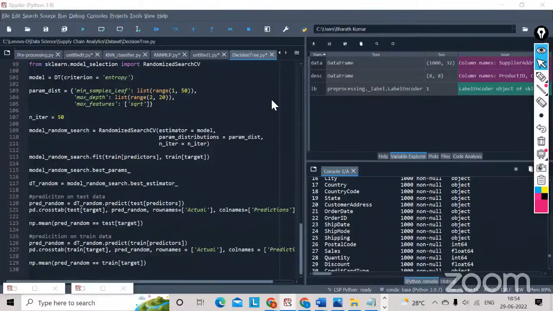You can also visualize in the plots tab for any kind of data visualization.